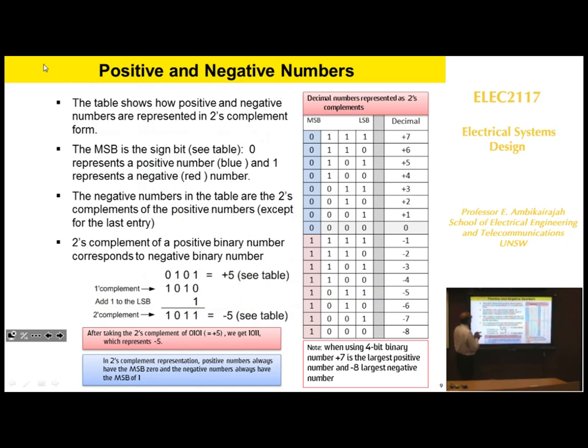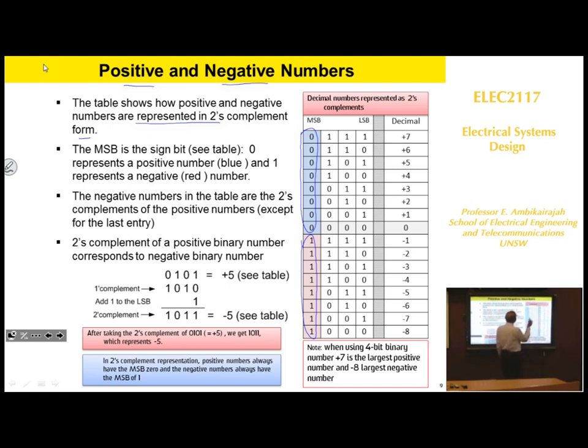So when we are doing positive and negative numbers, the table shows how positive and negative numbers are represented in 2's complement form. We are going to have a 4-bit representation, and the most significant bit is 0 for a positive number, and the most significant bit is a 1 for a negative number. That's how we represent.